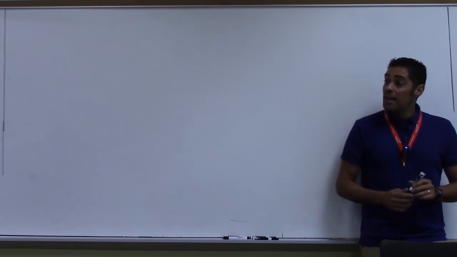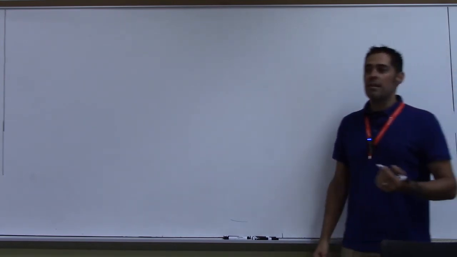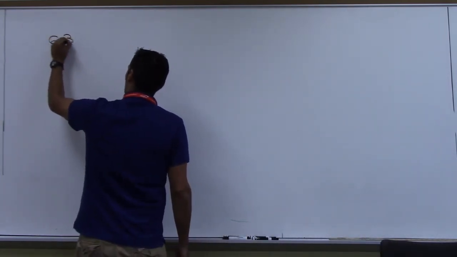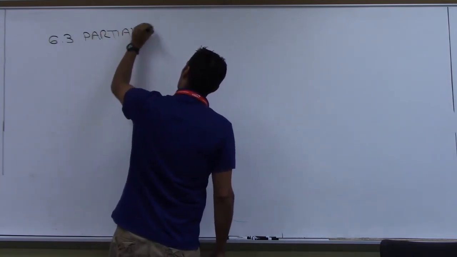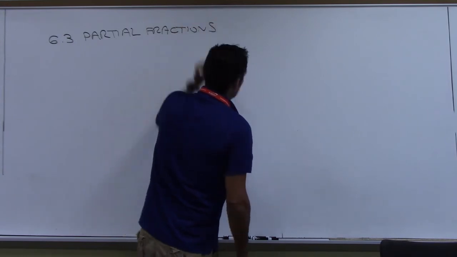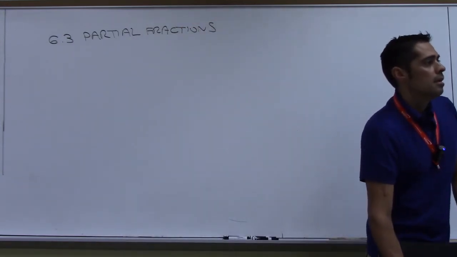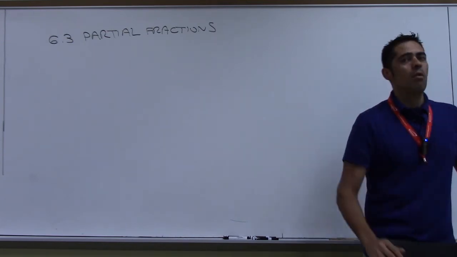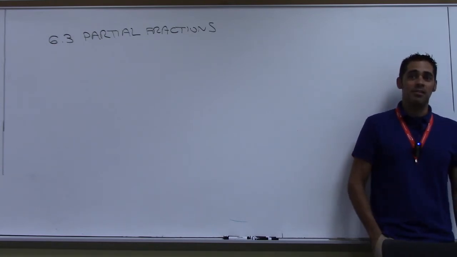All right, so the last section, we've made it to the final way to integrate, which is section 6.3, and it's called partial fractions. This technique of integration requires that you know a lot of things that maybe you haven't seen in quite some time.